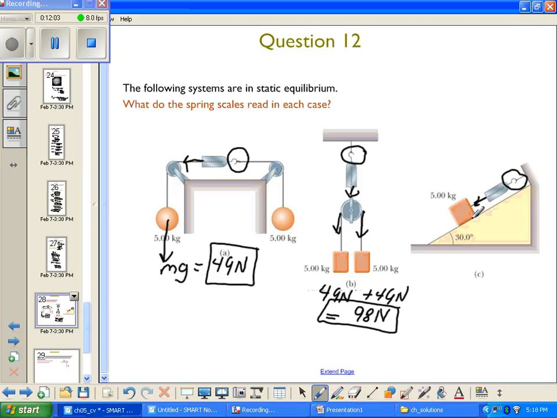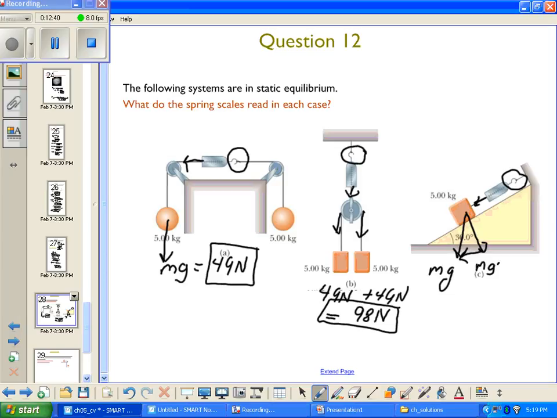In the third case, we have to consider the components of gravity. So we have the component mg, which is perpendicular to the incline. We have the component of mg, which is parallel to the incline, and of course mg itself, which is perpendicular to the ground.